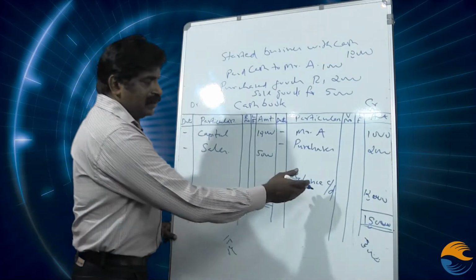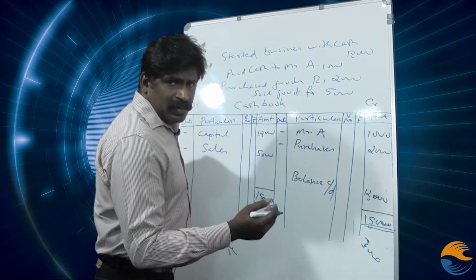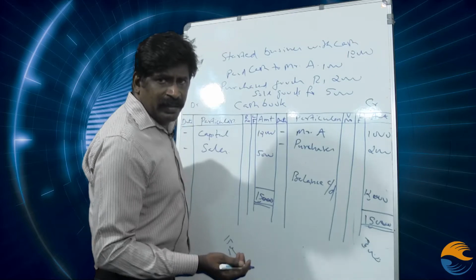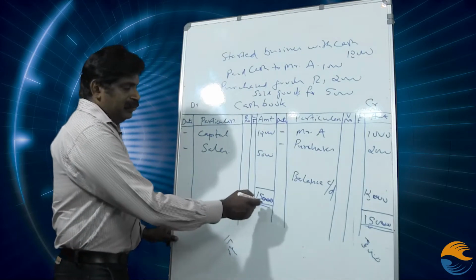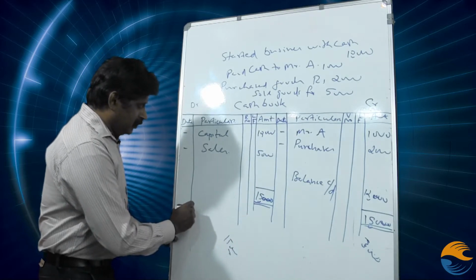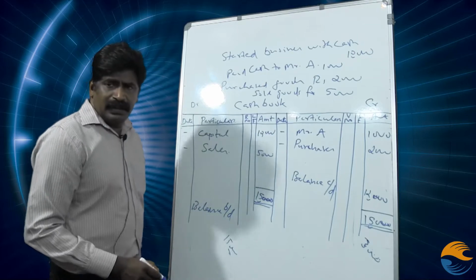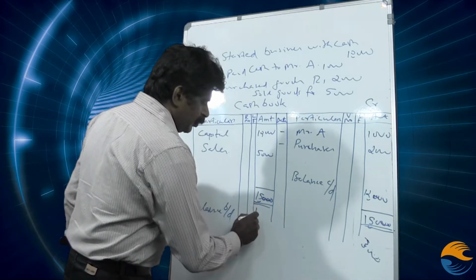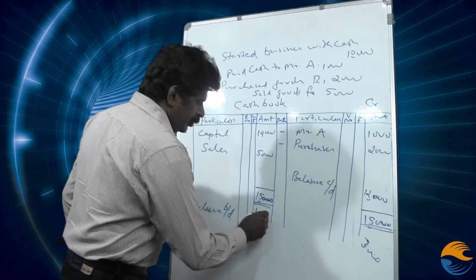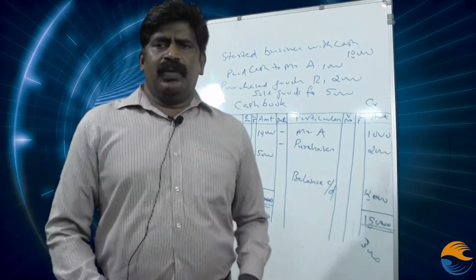That means here balance carried down appears on the credit side, so the balance should be brought down to the debit side below the total column. Balance B/D means balance brought down. The same amount 12,000 will be shown here. So this is the process of totaling.